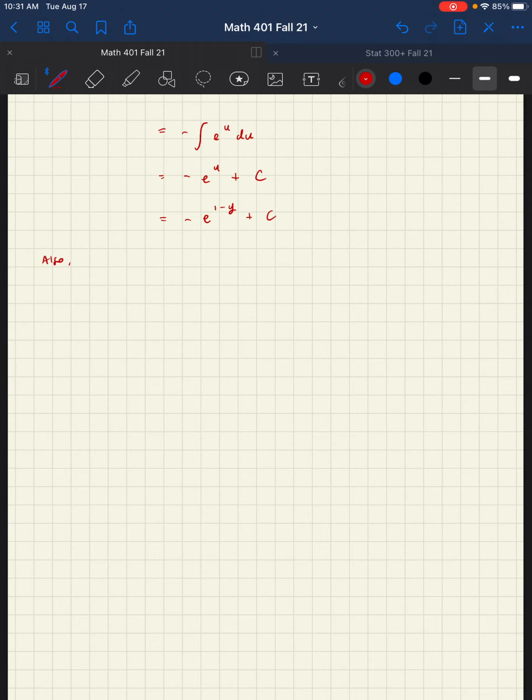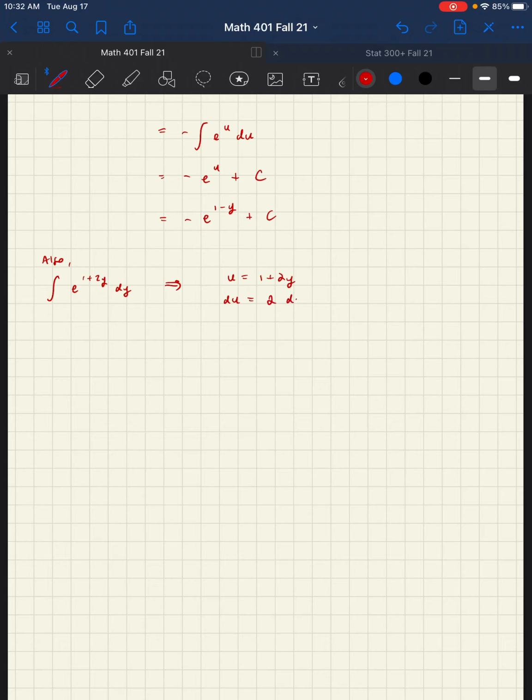Same thing for the other one. So also the integral of e to the 1 plus 2y dy, that suggests we're going to use u equals 1 plus 2y as a substitution. I'm using u again because we already finished the other substitution, but if you're uncomfortable using u again, you can use v.